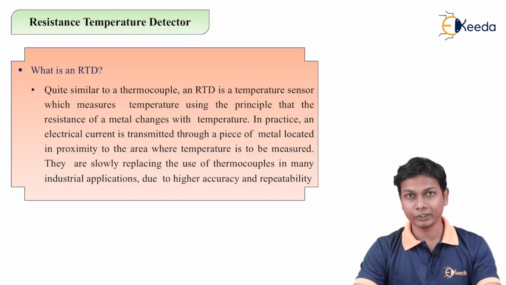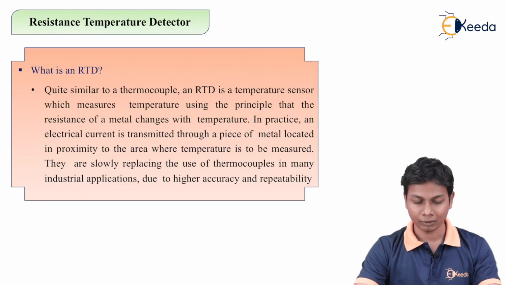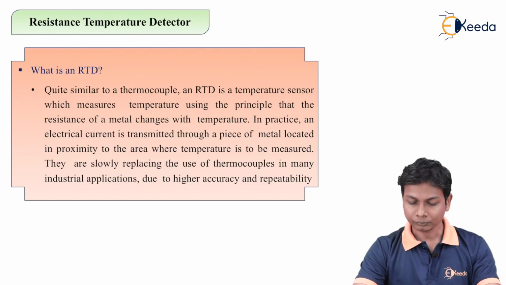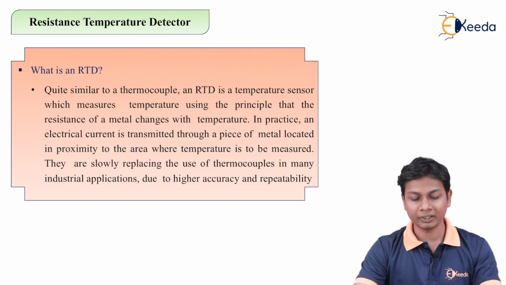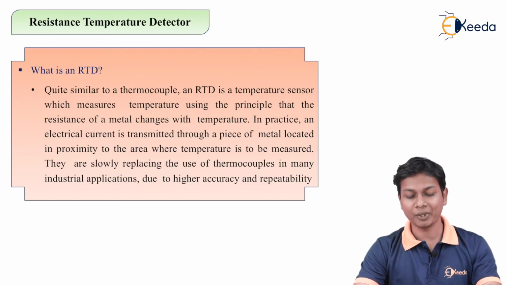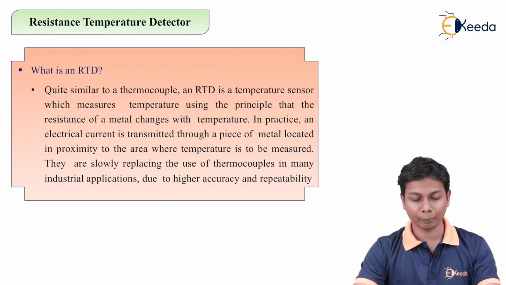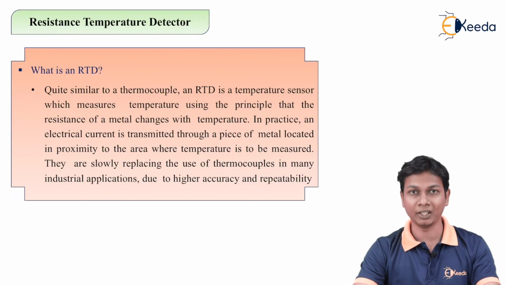This is basically used in metals. In practice, electrical current is transmitted through a piece of metal located in proximity to the area where the temperature is to be measured. They are slowly replacing the use of thermocouples in many industrial applications due to their high accuracy and repeatability.